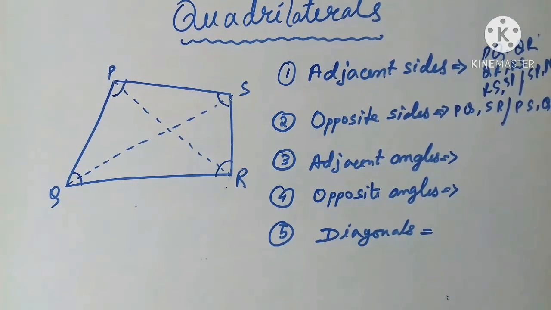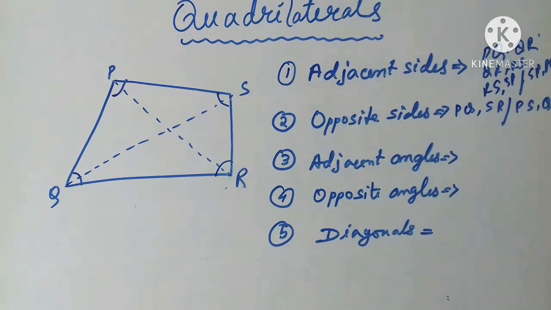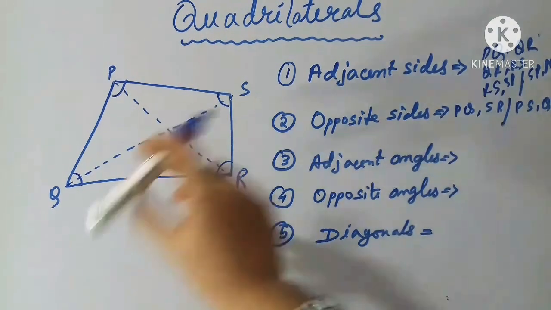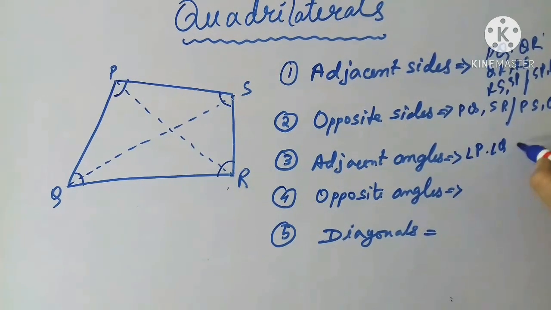Next is adjacent angles. Adjacent angles are two angles which have a common side, meaning two angles of a quadrilateral which have a common arm are called adjacent angles. So angle P and angle Q are adjacent.